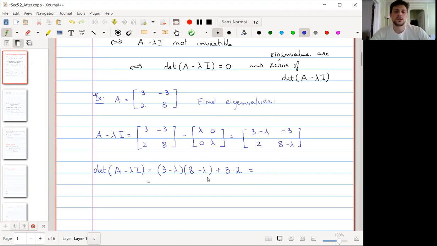We can expand this product a little bit, and we get lambda squared minus 8 lambda minus 3 lambda plus 24 plus 6. In other words, this is lambda squared minus 11 lambda plus 30.